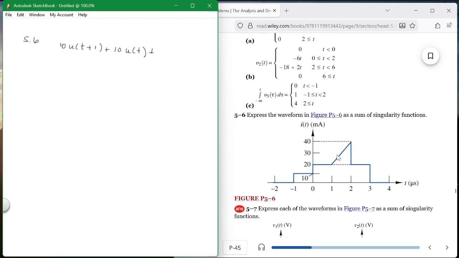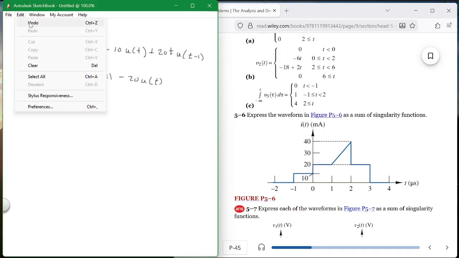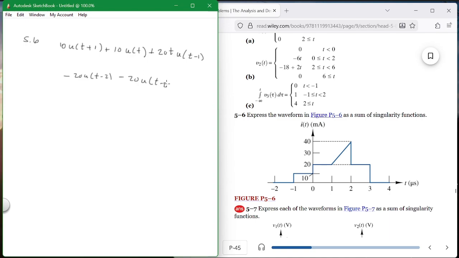I go from 20 to 40, so I go by 20t u of t minus 1, minus, so I want to cancel this out, minus 20 u of t minus 2, minus 20 u of t minus 2, minus 20 u of t minus 3. Is that what you got?